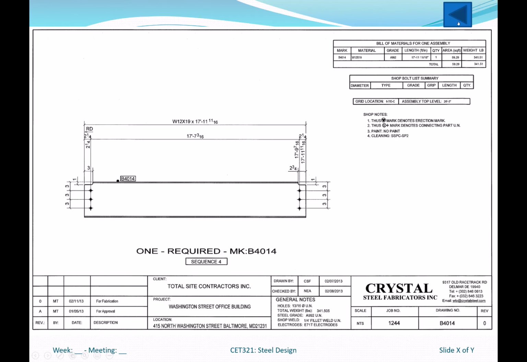Pretty simple looking piece of steel, just has some holes in the ends for a connection, but notice the length that's in the span, the size, W12, and the actual length of this beam that they would cut in the shop to start fabricating is going to be 17 foot 11 and 11/16.